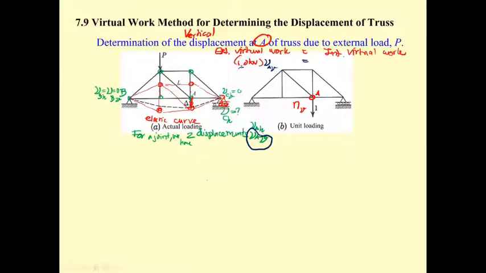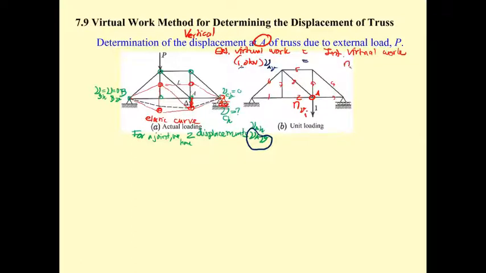Let's call it n sub v i, where i is the number of the element: number 1, 2, 3, 4, 5, 6, 7, 8, and 9. Each member has an axial force. If this axial force is multiplied by the deformation of each element, you get the internal virtual work.